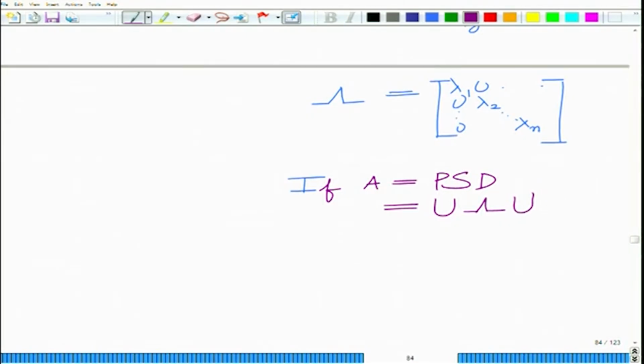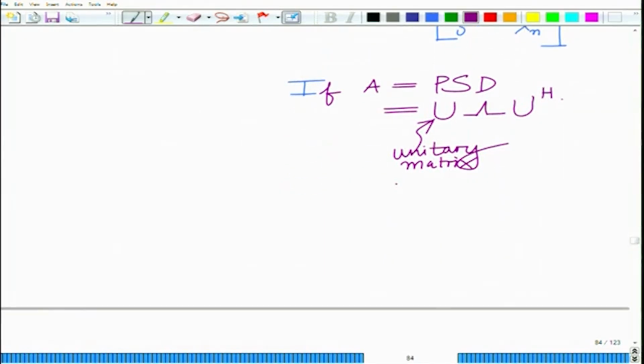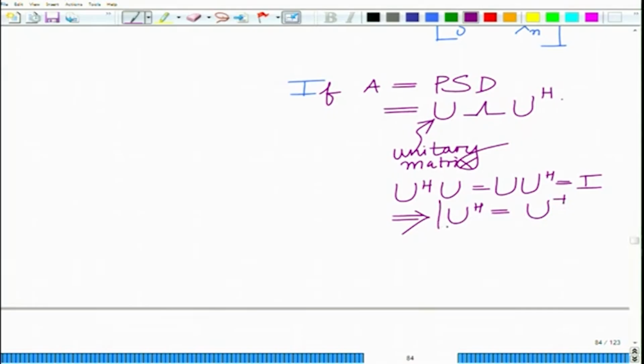I am sorry, because U is orthogonal, U is a unitary matrix for a PSD matrix A. U is a unitary matrix and U inverse is simply U Hermitian, because U Hermitian U equals identity, which implies that U Hermitian equals U inverse. Okay. But this is only for a PSD matrix.